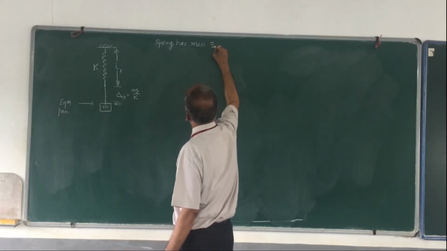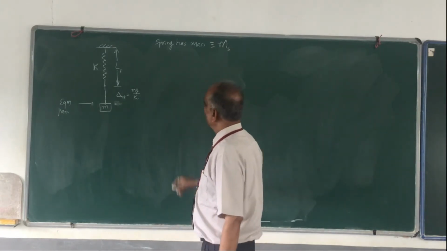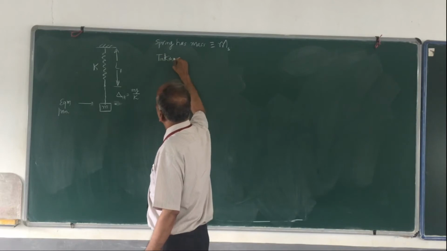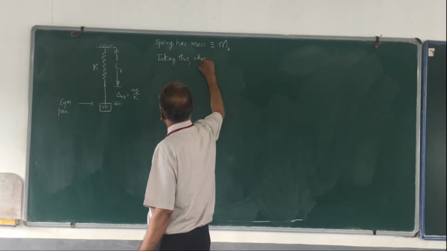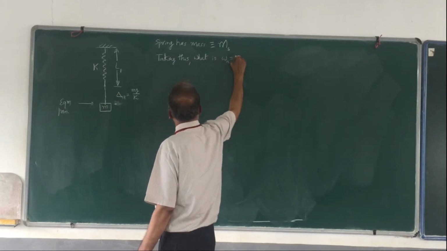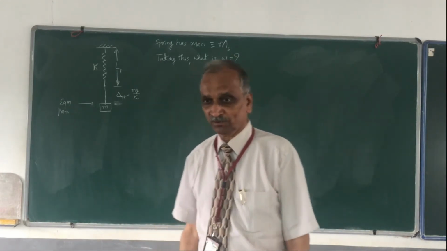Say its mass is m suffix s. Taking this into account, what is omega n? What is the natural frequency of the system? That's what I am supposed to find out.